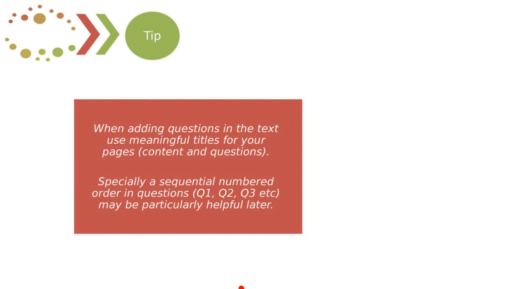That means question 1, question 2, all the questions in a sequential order. This is very helpful later. It will help you to easily find your questions and easily navigate through the jumps. You will remember, try it.